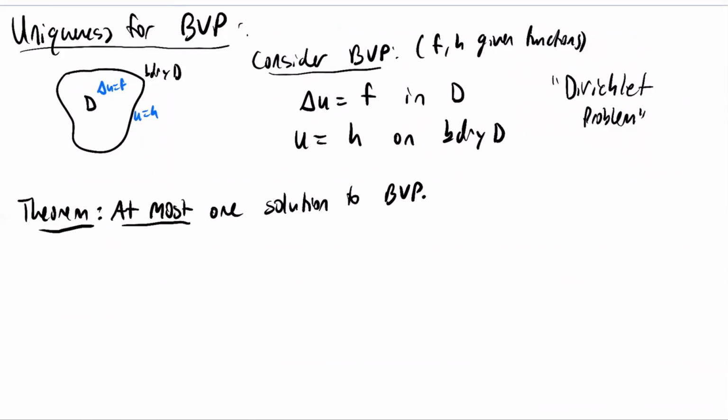We still don't know if there exist any solutions. There could be no solutions. But what this theorem at least says is that if there's a solution, there's only one. Remember, these uniqueness results are very important for applications because we want to make sure that this is accurately describing some real world system.